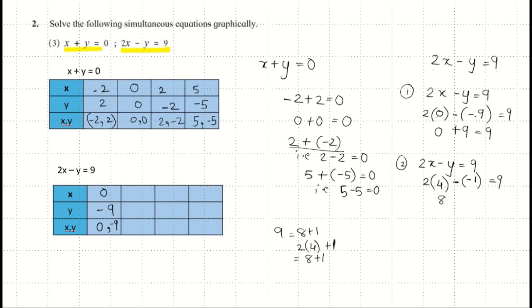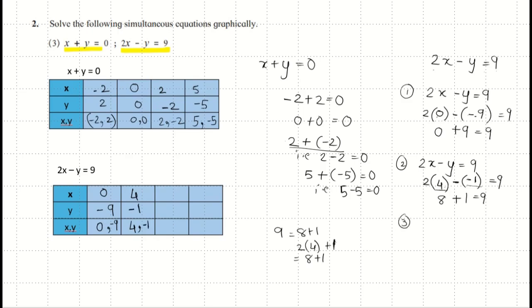That is, 2 into 4 is 8, minus into minus is plus, 1 is equal to 9, which means we have taken x as 4 and y as minus 1. That is 4 comma minus 1.